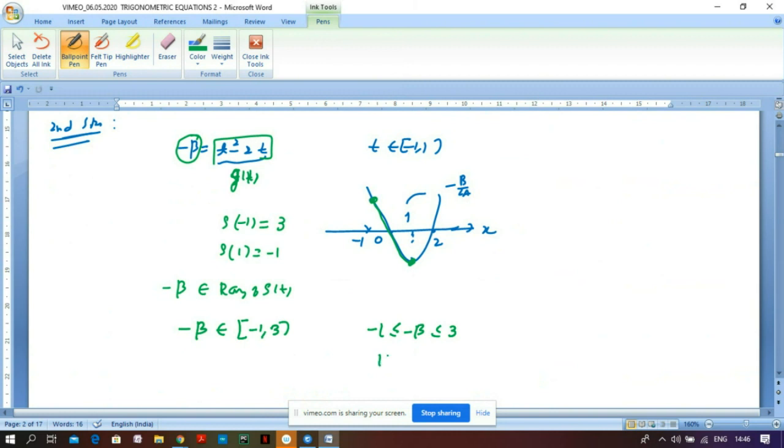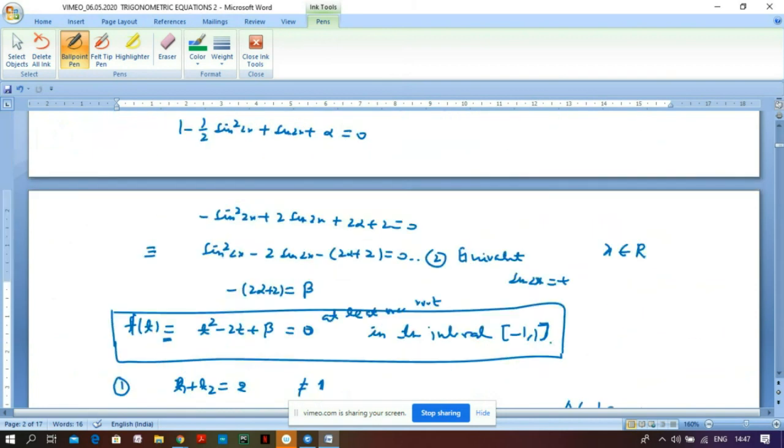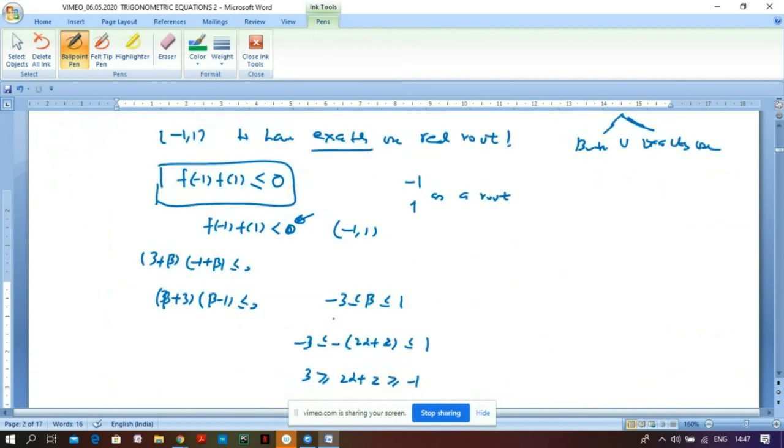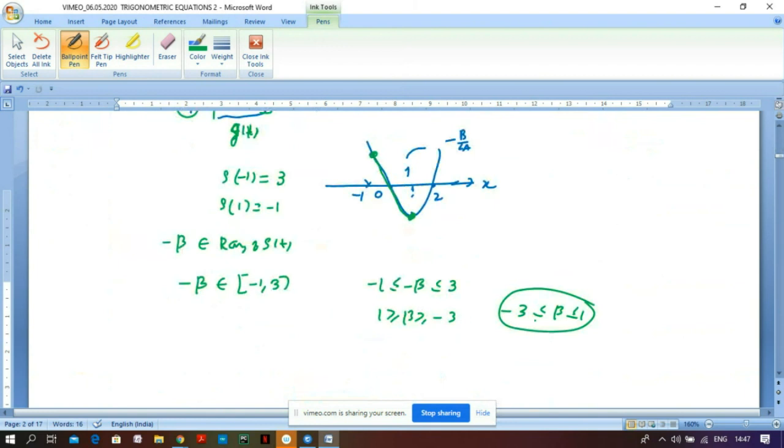If we change the sign, 1 greater than or equal to beta greater than or equal to negative 3, I can rewrite negative 3 less than or equal to beta less than or equal to 1, and just check the beta that we got last time. It was exactly the same. So we got for beta this one, and they are the same. And so we will say that this is our solution. So the solution ends. Now we can calculate alpha.